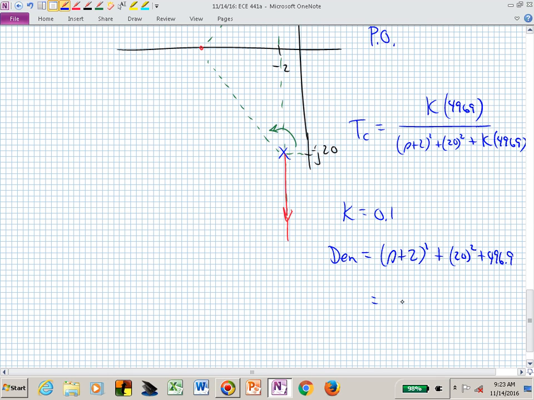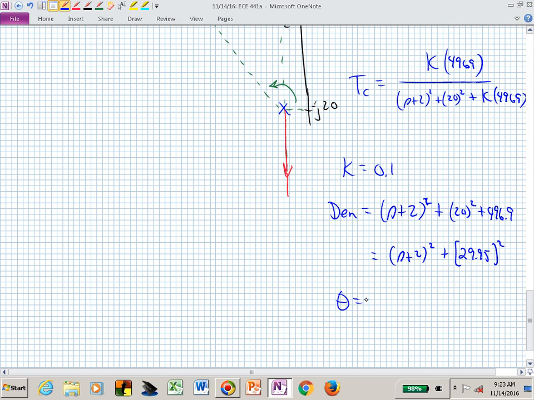Or if you look at this, you now have (s plus 2) squared plus something a little bit bigger than 20. Now it's actually at almost 30 for omega sub d. And you could figure the theta, the angle now is bigger, the zeta is smaller, and the percent overshoot is even bigger. Now for this particular case, the theta would be, if I did my math right, 86 degrees.